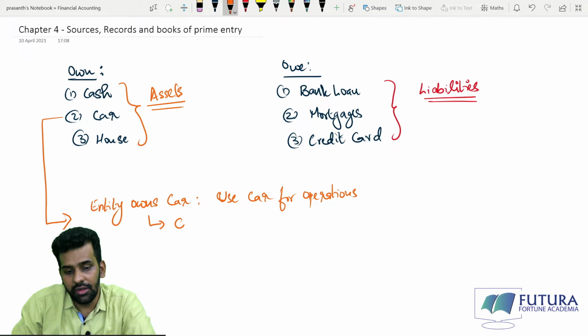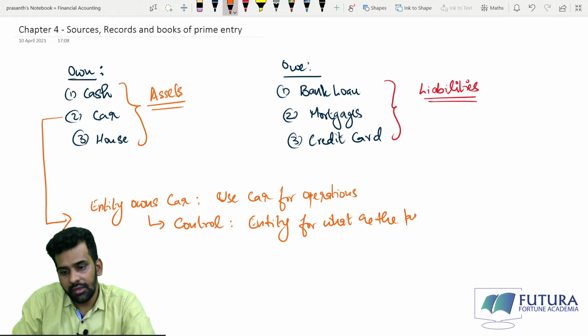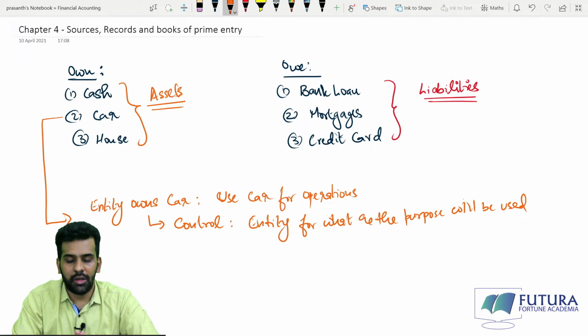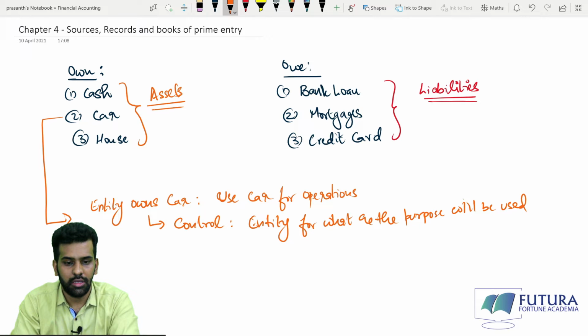It means the entity decides for what purpose and when the car will get to be used. So that is called control.